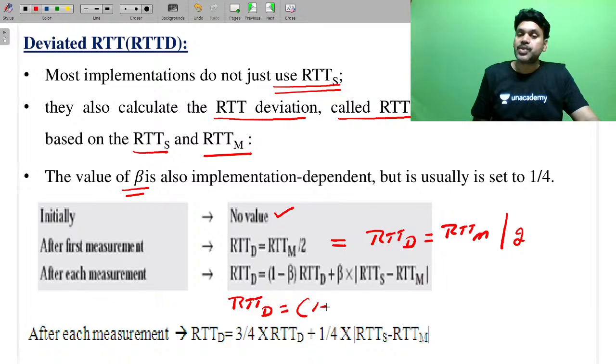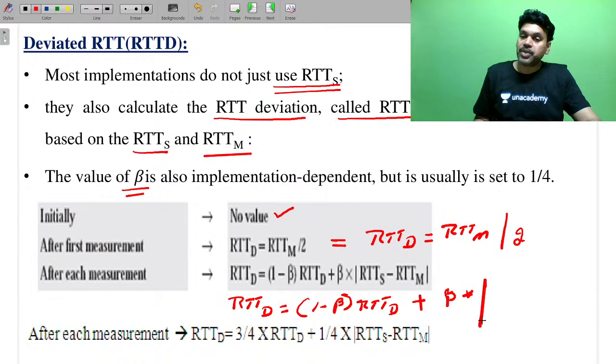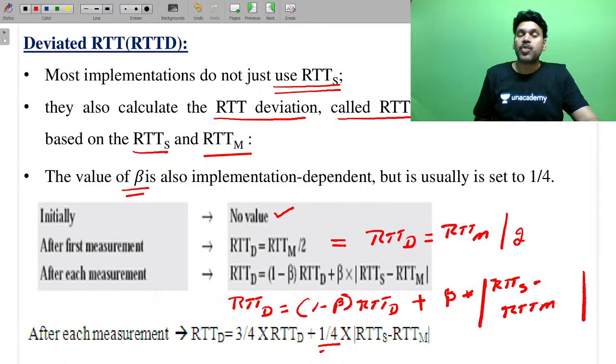So (1 minus beta) times your initial deviation plus beta times the new deviation. What is the new deviation? Your new deviation is the difference between your RTTS minus RTTM. Naturally beta is set to 1 by 4.